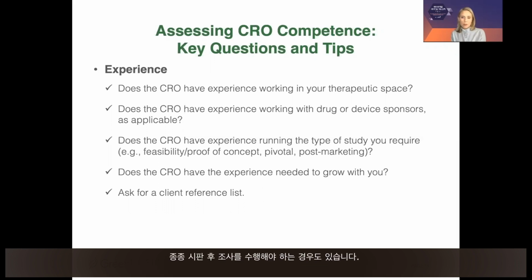And then there are sometimes post-marketing studies that need to be completed as well. And each one has its own idiosyncrasies and different things that you would want to think about in conducting one. So you want to ensure that your CRO knows how to do that type of study and has experience doing it previously. Also, does the CRO have the experience needed to grow with you?